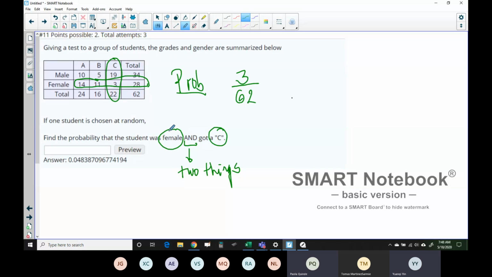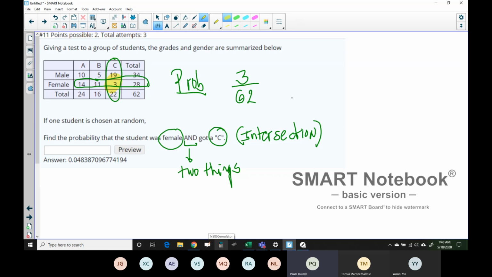Because this is the intersection. Basically, "and" is an intersection between the two things that you want. You want them to be C and you want them to be female. The only place that happens is here, on 3.